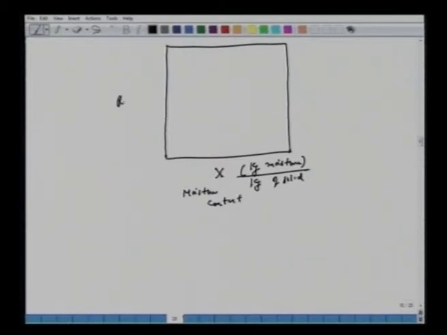Here we are plotting relative humidity or relative saturation, or partial pressure of water vapor in air over vapor pressure of pure water. Okay, then we have a certain curve like this.